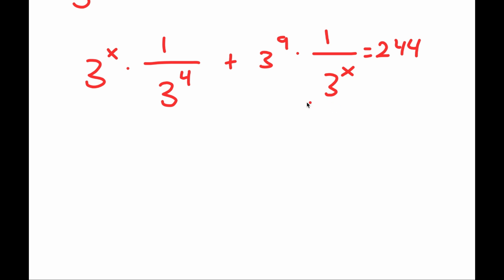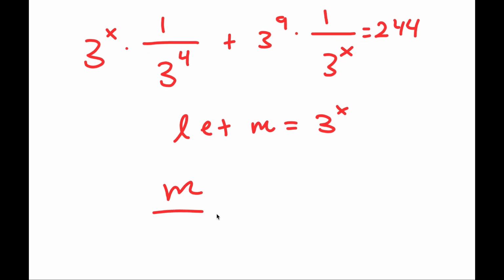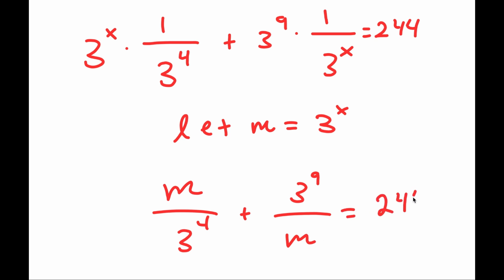So now from here, I'm going to let the variable m equal 3 to the power of x. If I substitute m in, I get m over 3 to the power of 4 plus 3 to the power of 9 over m is equal to 244.